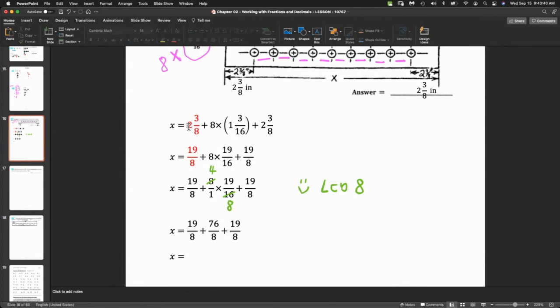So 8 times 2 plus 3. That's how I got the 19. Thank you, Kushi, for the number there. 76, I did 4 times 19. When you're multiplying, you multiply the top by the top and the bottom by the bottom.